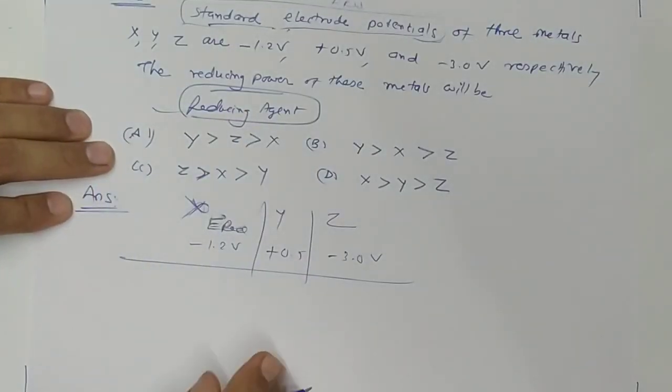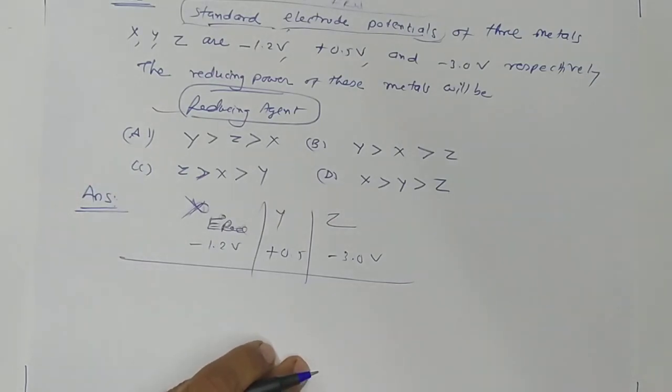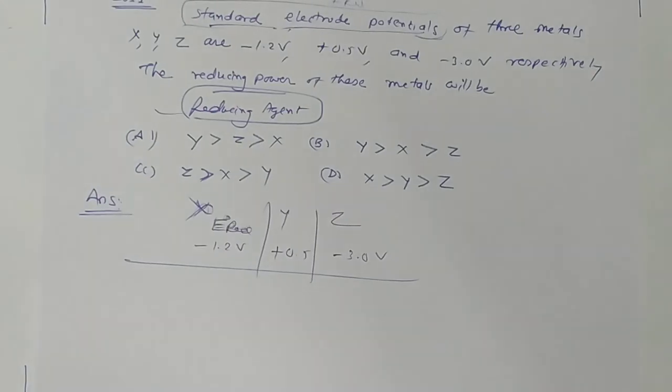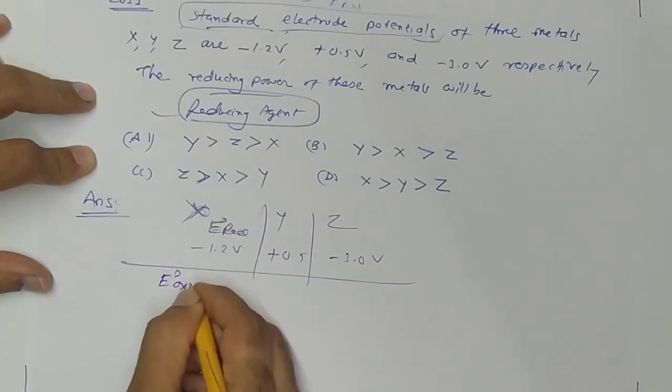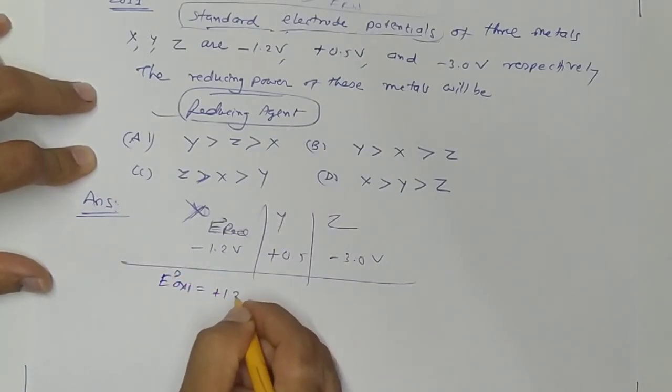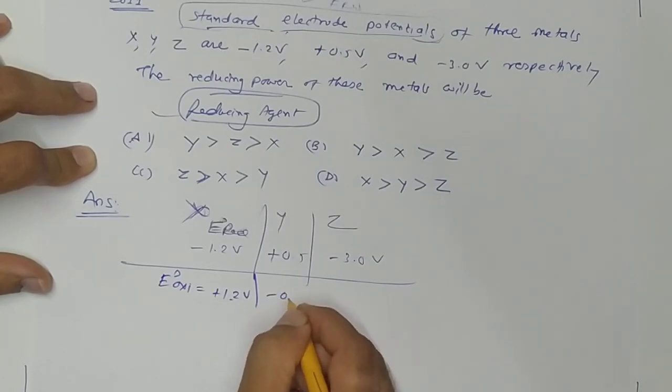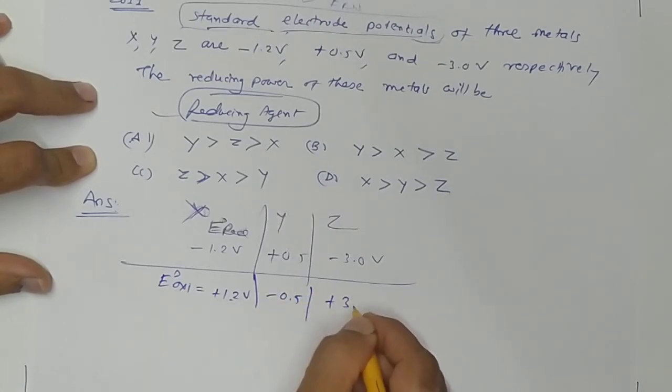Reducing agent means itself experiences oxidation. Yes, itself experiences oxidation. So we have to convert into its oxidation potential. Plus 1.2, minus 0.5, and plus 3.